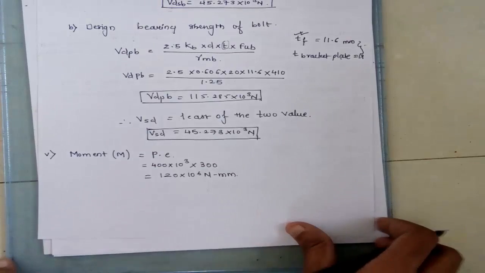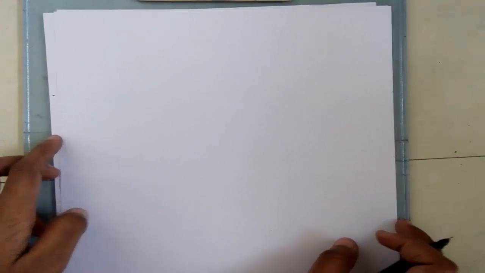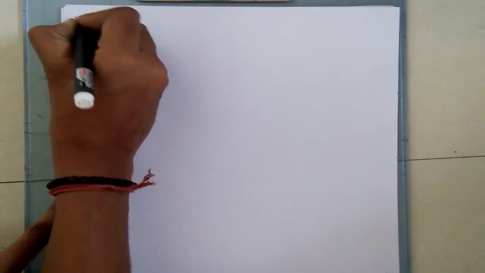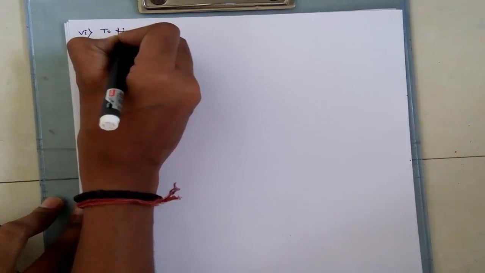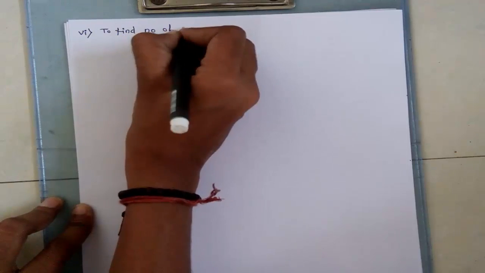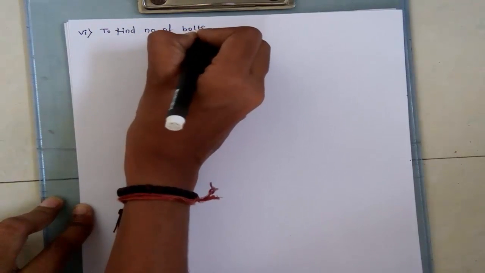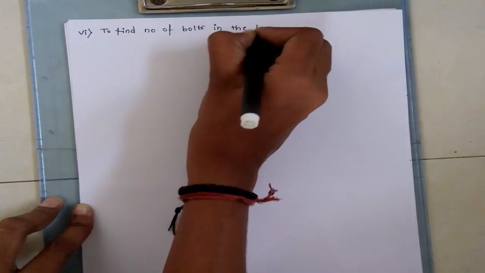After that, the sixth step is to find the number of bolts in the bolt group.